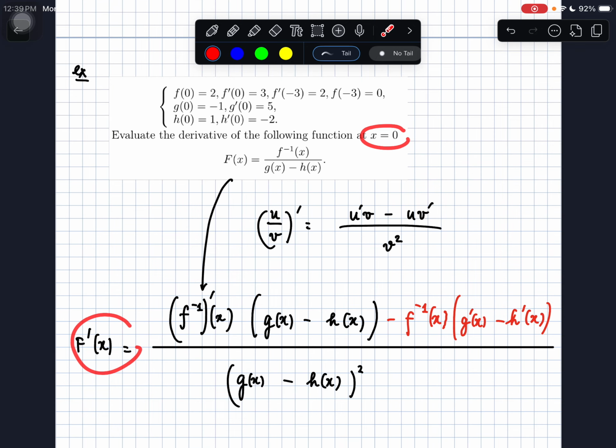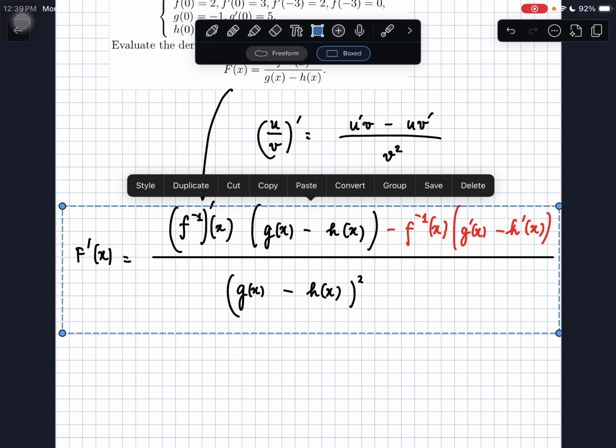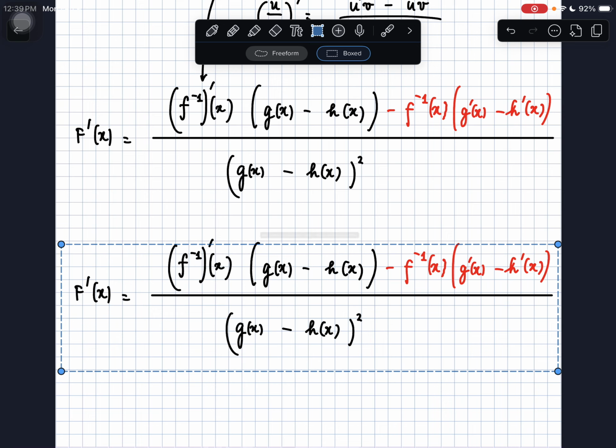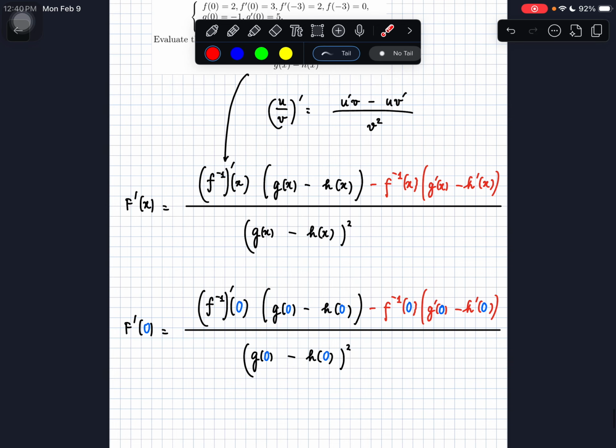So now we need to compute f prime at 0. So let's look at what we have. F prime at 0.